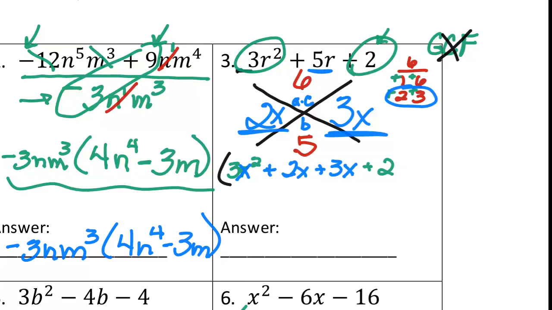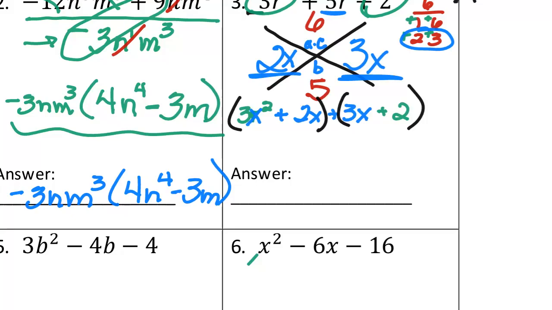Here we factor by grouping. 3x squared and 2x. What can I factor out? X. You're right. So what do I have left? 3x plus 2. Oh, I already have 3x plus 2 here.